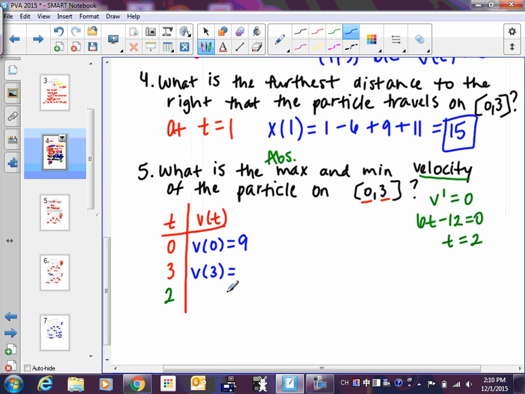This is why I had you get your calculators out. It is 0. We actually already found out where the velocity is 0, and so you could have noticed that, or you could just plug 3 in. And then what do you get when you plug 2 in?